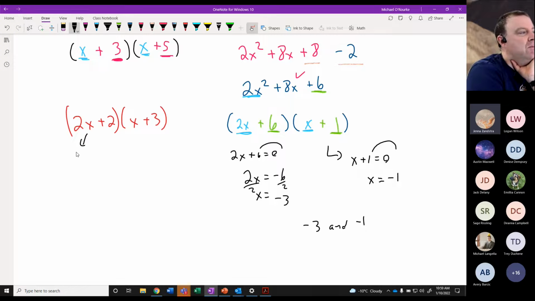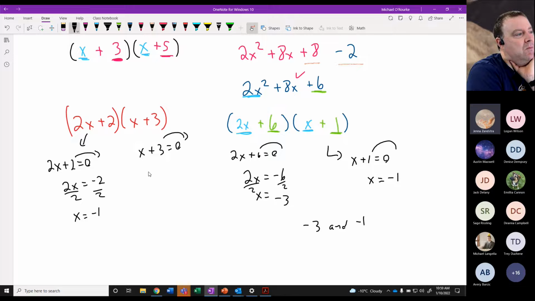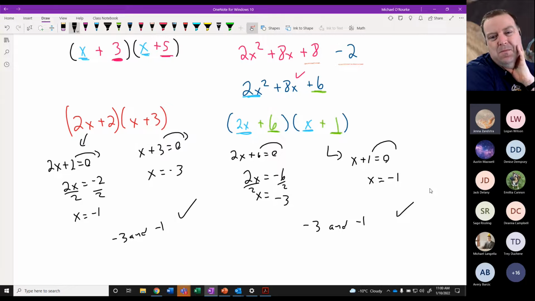Well, this one, 2x plus 2 equals 0. Move that over. 2x equals -2. Divide by 2, x equals -1. And so both would be correct. Brooke, did you have 2 and 3?